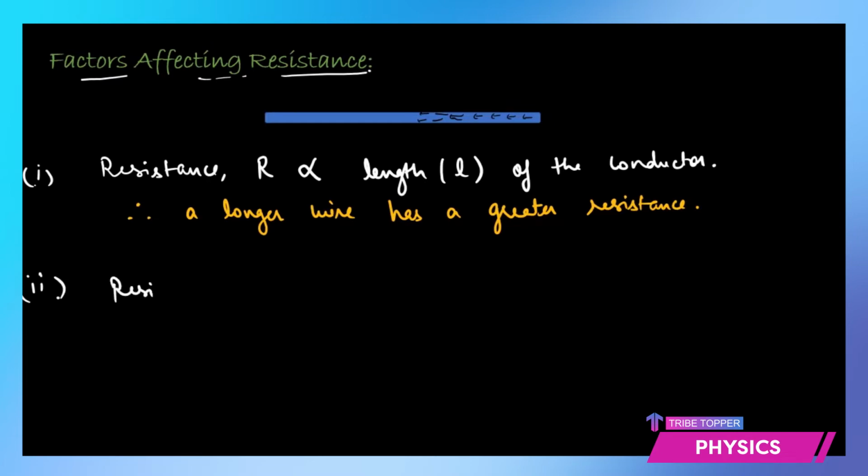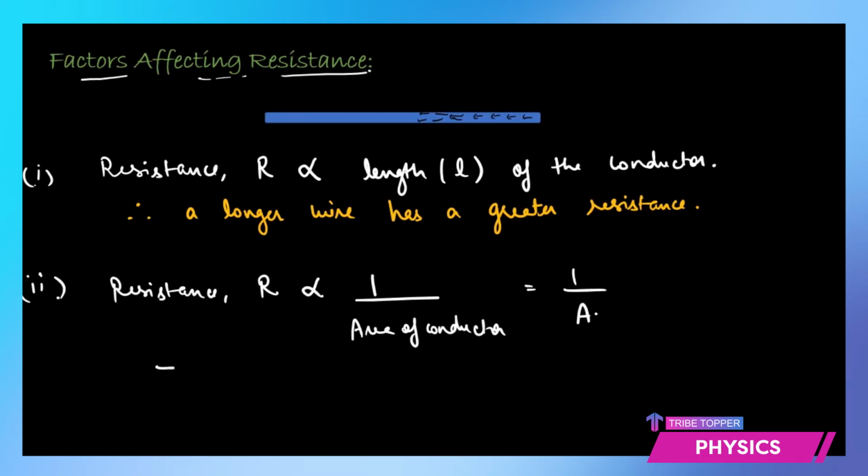Hence, we can say that resistance R of a conductor is inversely proportional to the area of the conductor, which we can call A. So that's 1 upon A. That would mean that if a wire is thicker, the resistance would be less. So thicker the wire, lower the resistance.